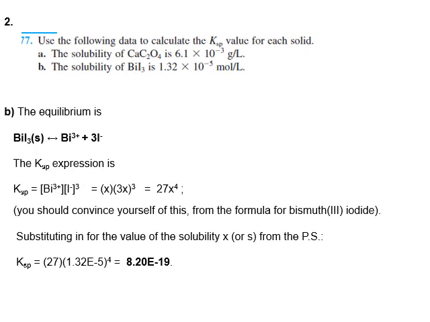And for this one, it's a little harder. We're going to wind up with x for the bismuth cation, and we're going to wind up with 3x for the iodide. Again, but that has to be raised to the third power. So look at the bottom where it says B, the equilibrium is, and then come down to the fourth row. KSP is going to be the concentration of Bi3+ times the concentration of I minus to the third power.